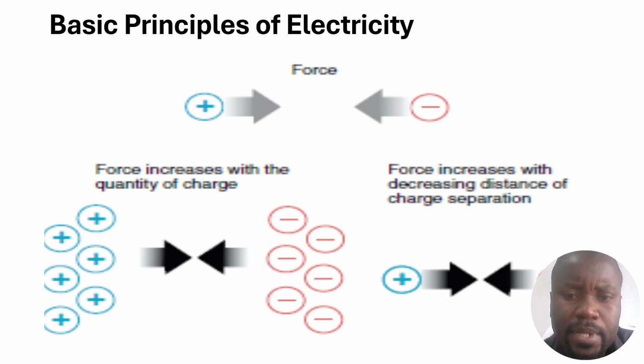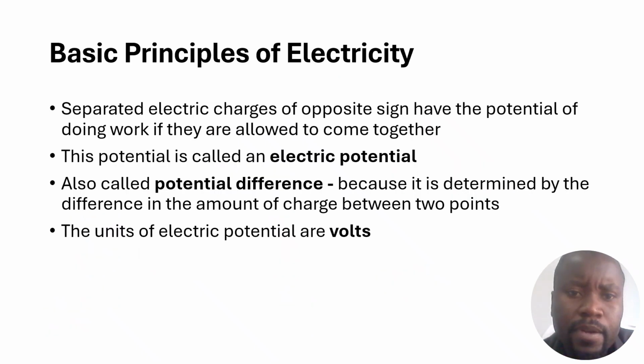particles or unlike particles. So the basics are that when charge is separated and these charged particles are on the opposite side, the force that will exist will actually bring them together.